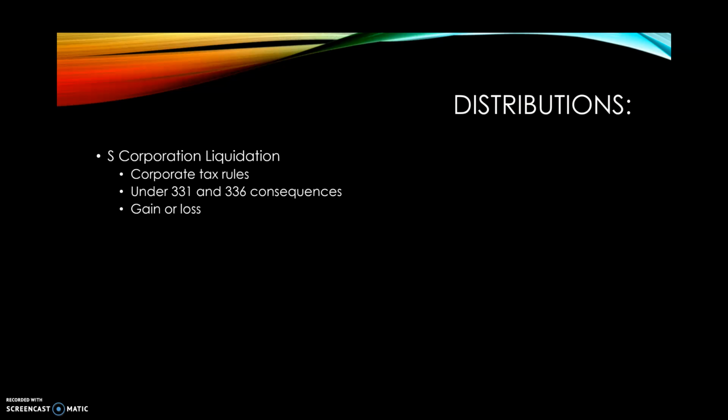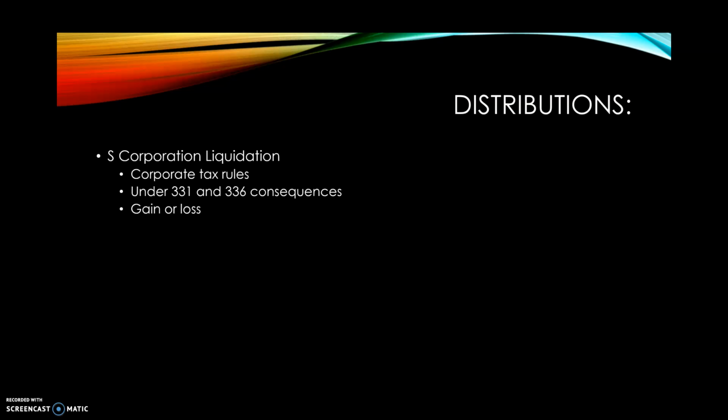For distributions, we're going to be specifically talking only about S corporation liquidation. And as mentioned on the slide, there are particular rules, consequences, gains, or losses. Instead of using partnership tax rules on an S corporation, we'll follow corporate tax rules.